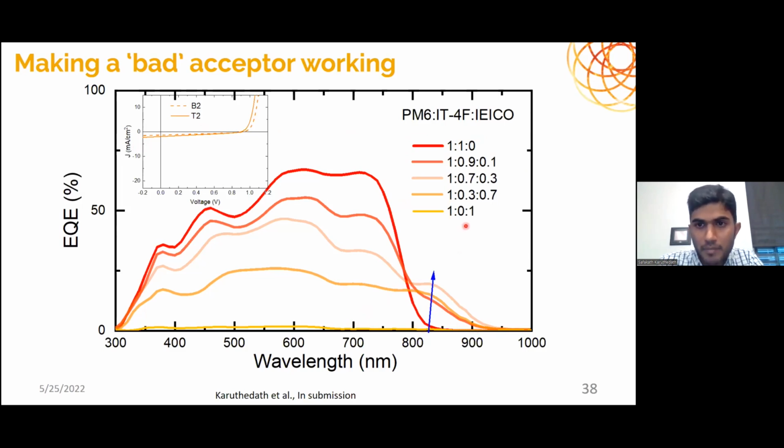And when you keep adding more IT4F content, from yellow to red, you can see that there is a rise in this region, which is not coming from IT4F, because this is not the region where IT4F absorbs. That's why we proposed a model that it's actually the average weighted IE offset that matters in the ternary organic solar cell.